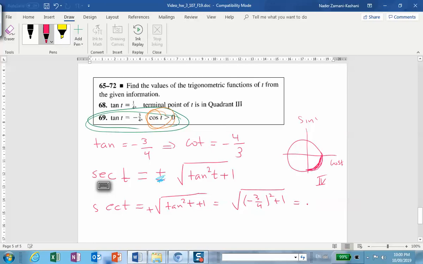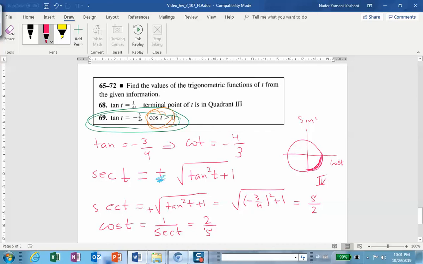Believe me, if you do the algebra here, you get 5 over 2. Yeah, that's right. 9 plus 16 is 25. Square root of 25 is 5, divided by 2. Okay, and cosine of t is 1 over secant of t, which is 2 over 5.